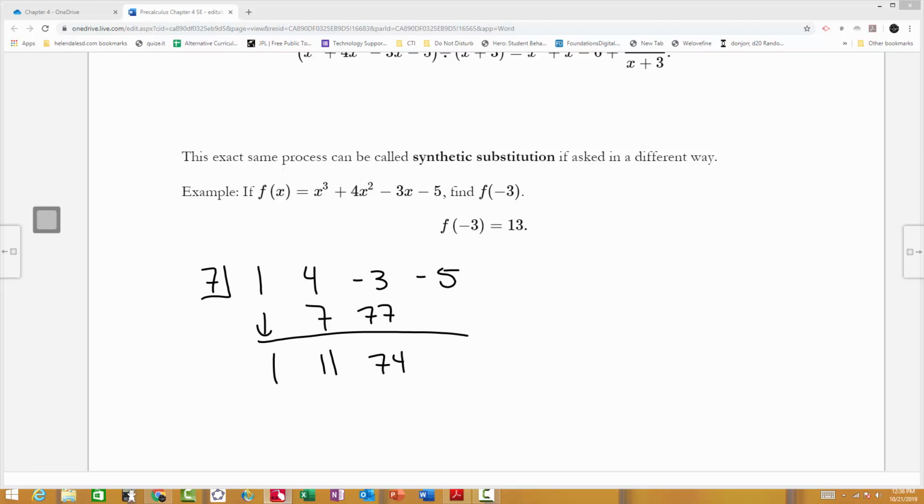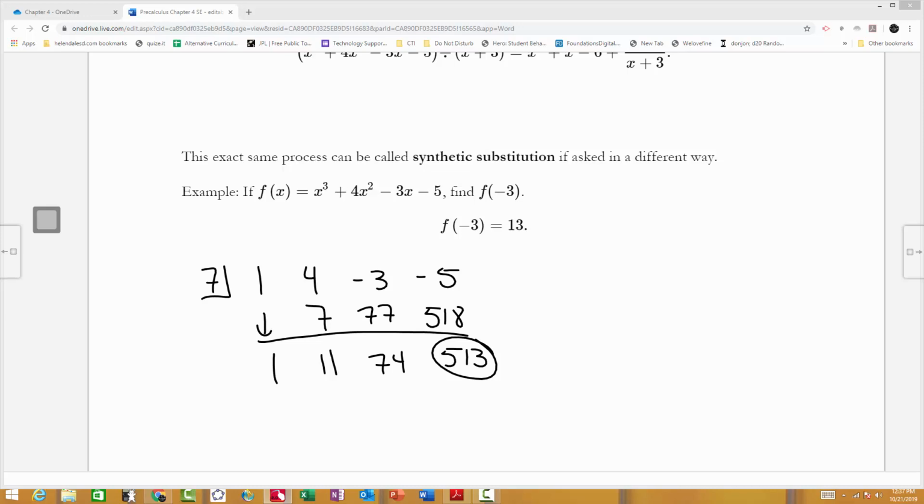Now I still end up with multiplication I might not necessarily want to do. We have 490 plus 28, so that's 518. So we get 513. So I can do this to get substitution as well. What is f of 7? F of 7 is 513. Then I don't have to do 7 cubed plus 4 times 49 minus 3 times 7 minus 5. I don't have to do any of that.